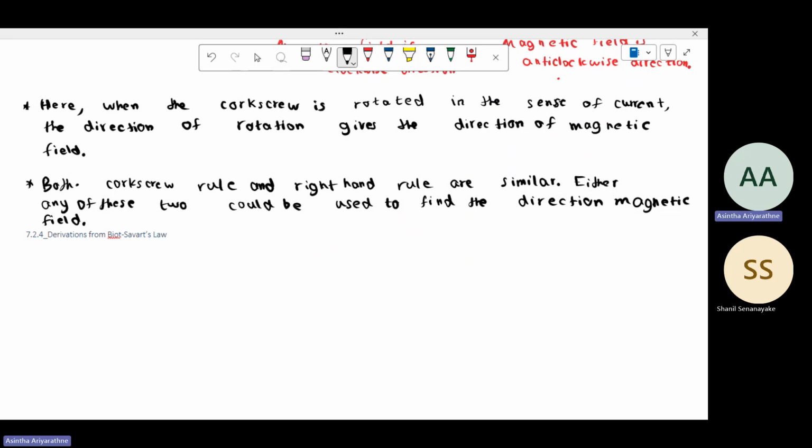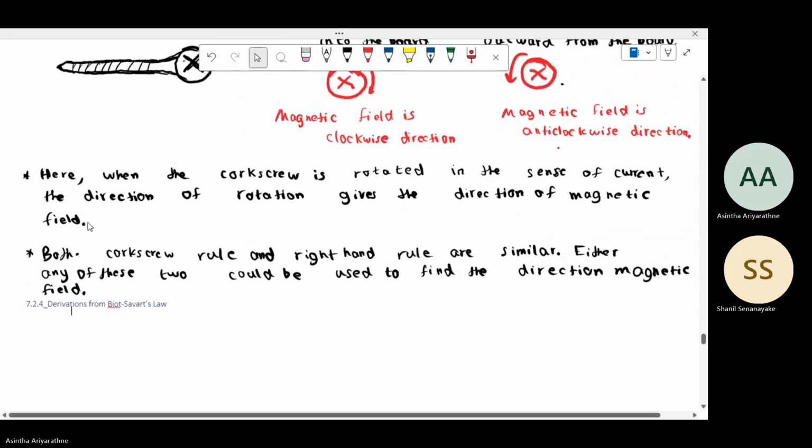I think the right hand rule is more convenient, that you can use more easily.